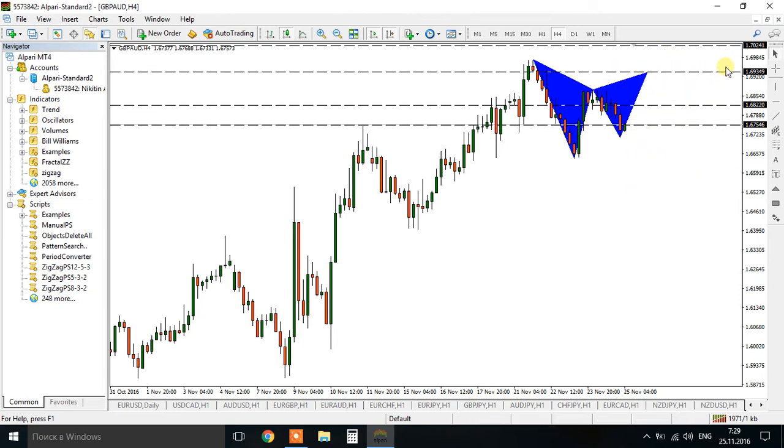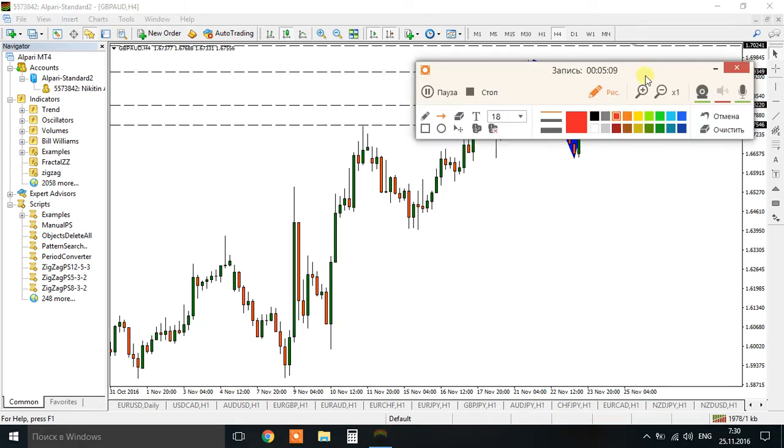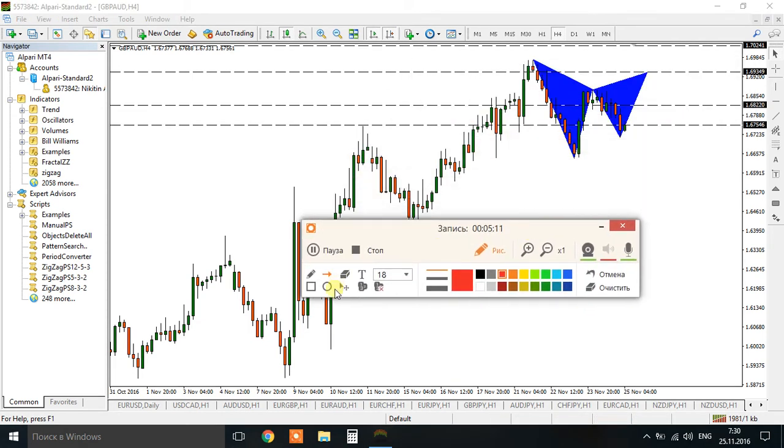Now you can see this is the entry, the stop, and the targets. Let me draw it. I'll let the stop be red. This is your stop loss. And let the target be green. Target number 1 and target number 2.